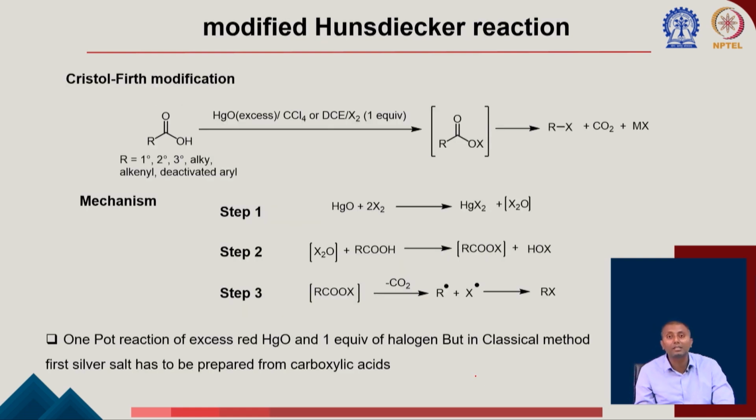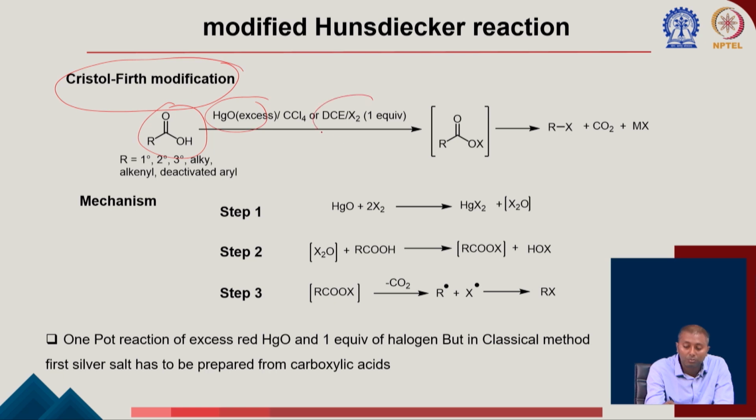There is a modified version of this reaction. This is called the modified Hunsdiecker reaction, or the Cristol-Firth modification. What is happening here is that, starting from the carboxylic acid, they are using excess mercuric oxide, or they are using CCl4 and X2. Okay, that means these are the conditions. So instead of the silver, these are the different variations actually developed.